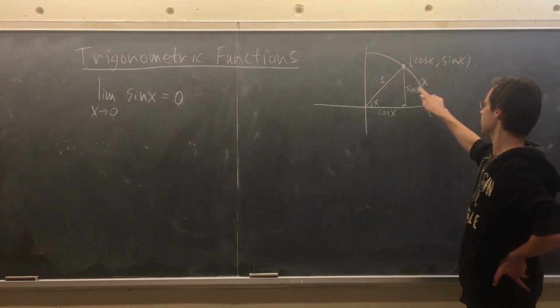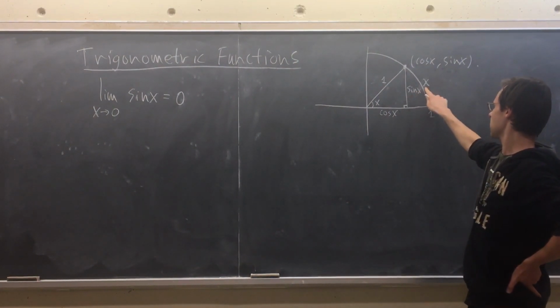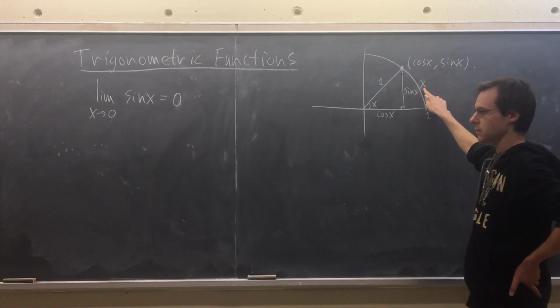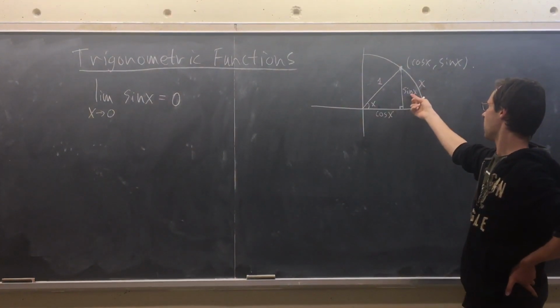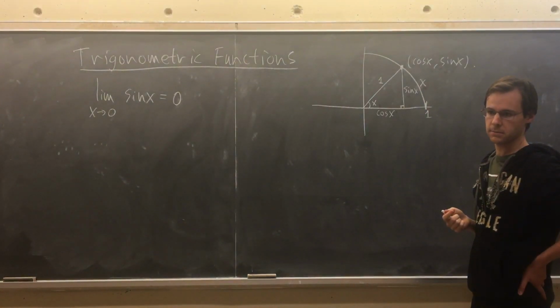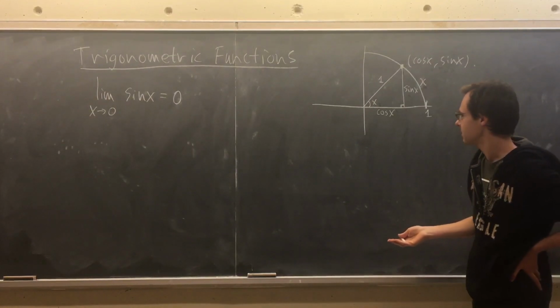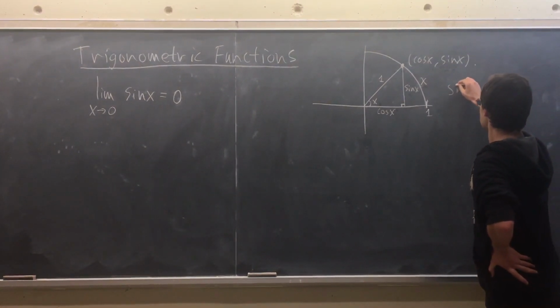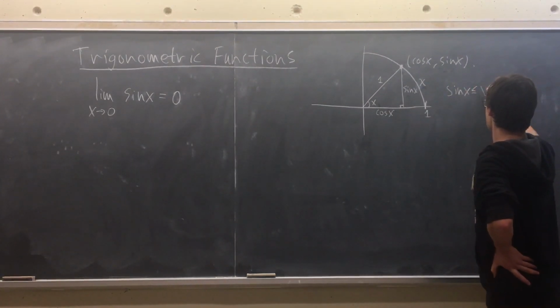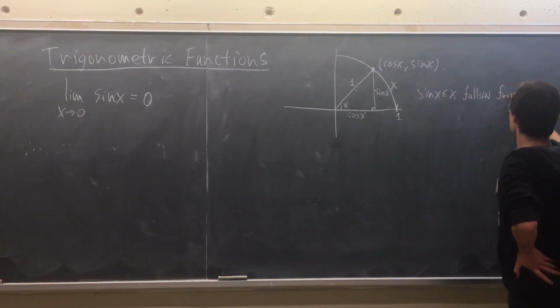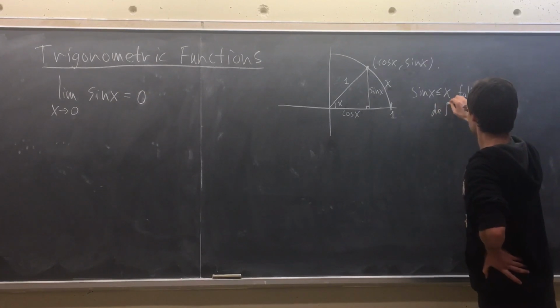So for sine x in radians, what can we conclude from this unit circle? Well, one thing we can conclude is that sine x is always less than or equal to x. It's the little inequality that follows right from the definition. Sine x is less than or equal to x follows from definition.